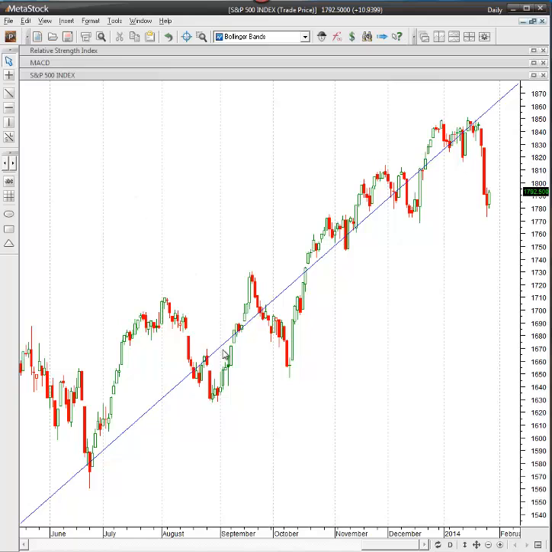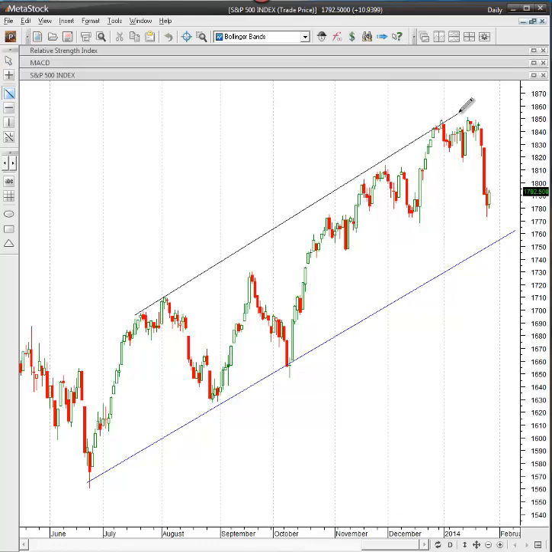Now, is it a trend that is likely to continue? One way we can determine that is to put in our support line under as many pivot lows as we can. We'll roughly put it there. We always start with a support line in an uptrend, and then you want to draw your resistance line parallel to that. Even if you don't tag any of the pivot highs, you want to make sure your line is always parallel to the support line, because that's where the resistance is most likely to be.